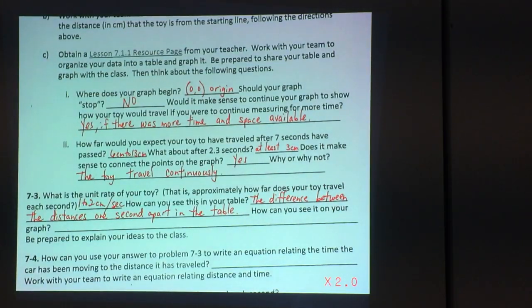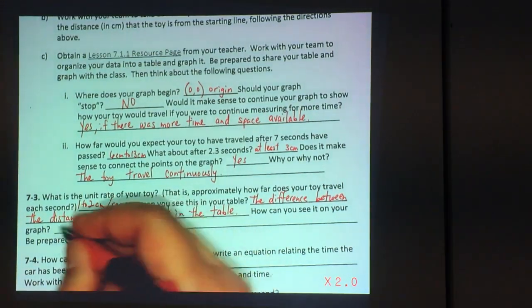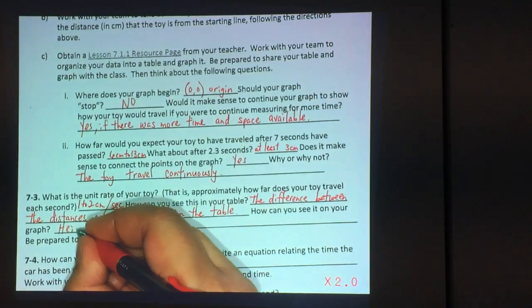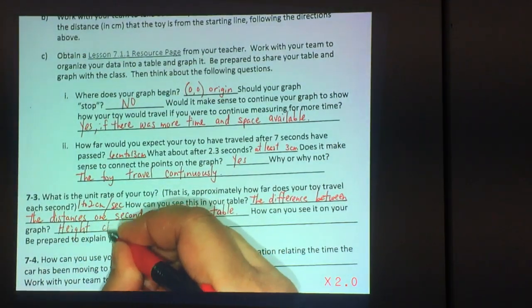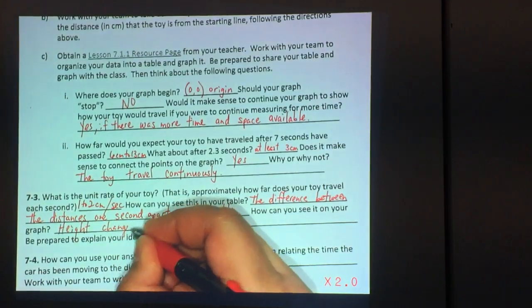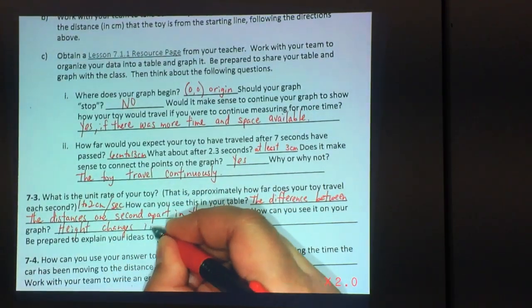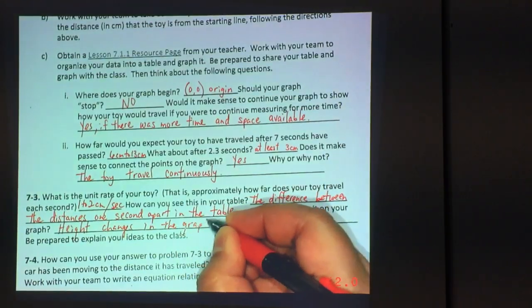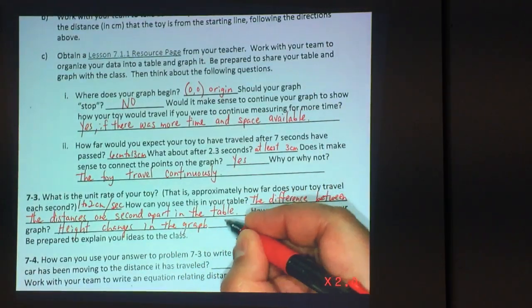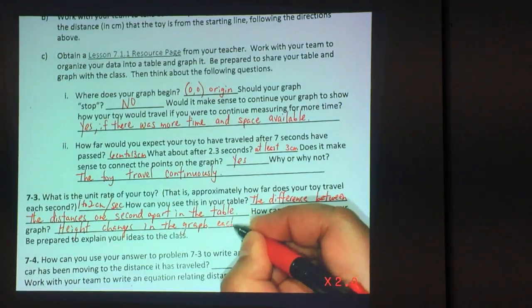How can you see it on your graph? The height changes in the graph each second.